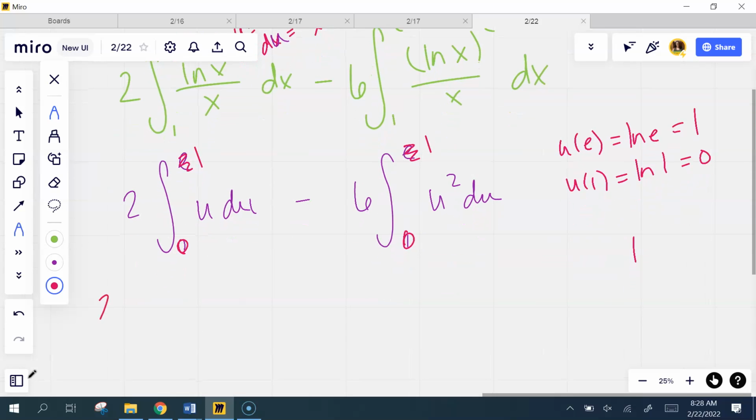So now I have 2 times, what is the antiderivative of u? 1/2 u squared, right, from 0 to 1, minus 6 times, what's the antiderivative of u squared?